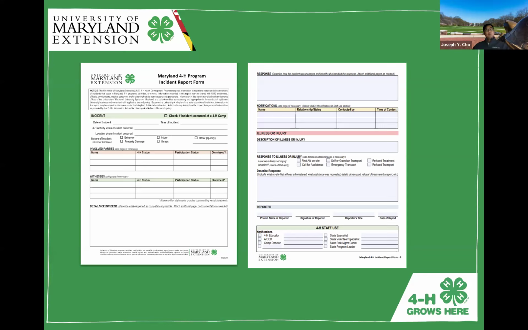Sure. So each incident is handled a little differently depending on the severity of it. Especially if it is an immediate thing, then we would take on more of a priority with that specific incident. If it needs to be investigated thoroughly in order for us to get the full picture, it may take a little while.